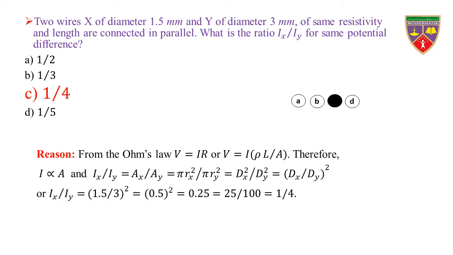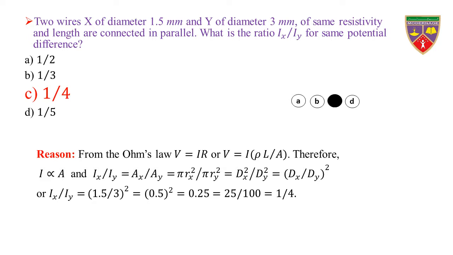Reason: from Ohm's law, V is equal to I R, V is equal to I into rho L divided by A, where rho is the resistivity, L is the length, and A is the area of cross section. Therefore, I is proportional to the area of cross section, because in this case V is constant, rho is constant, L is constant.